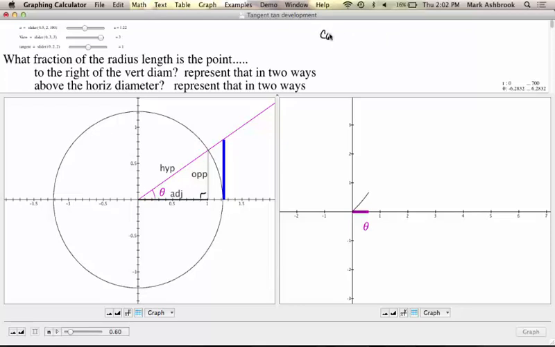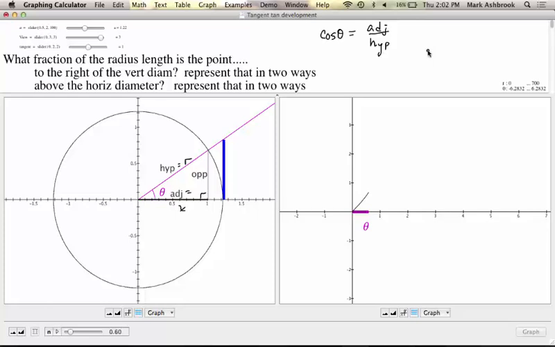So now, express cosine theta, we said it was what? X over r. Well, that's the same as saying adjacent over hypotenuse. You guys have learned these before, adjacent over hypotenuse. The meaning of that is still the fraction of the radius length to the right of the vertical diameter, because the adjacent is that actual measure, the hypotenuse is the radius.